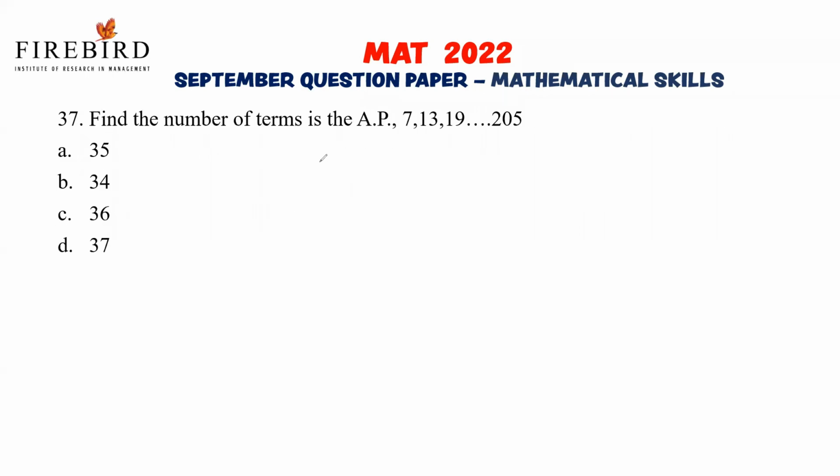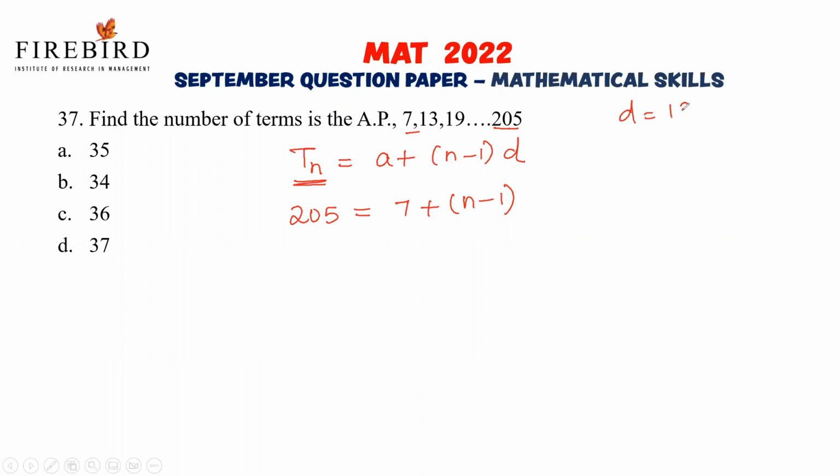Find the number of terms in the arithmetic progression. See, you know the first term and last term, right? Then you can use the formula, a plus n minus 1 into d. The nth term is 205 and the first term is 7, plus n minus 1 into d, where d is the second term minus the first term, the value is 6.